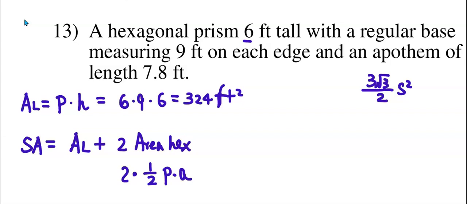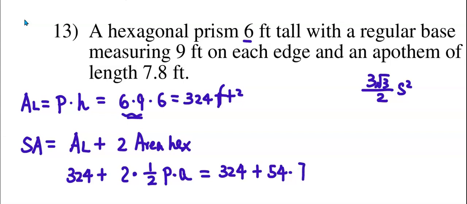The area of the lateral face you already figured out, you just put down here. And then I just continue to substitute, or as you always like to say, I plug it in. The perimeter is 6 times 9, that's 54, and times the apothem, right here, the apothem is 7.8.